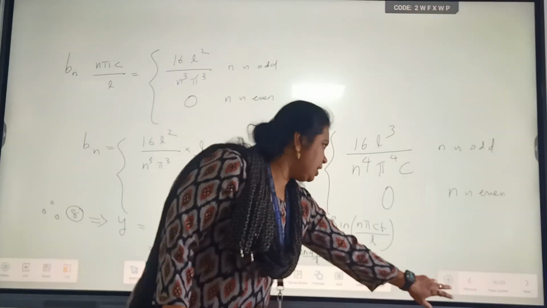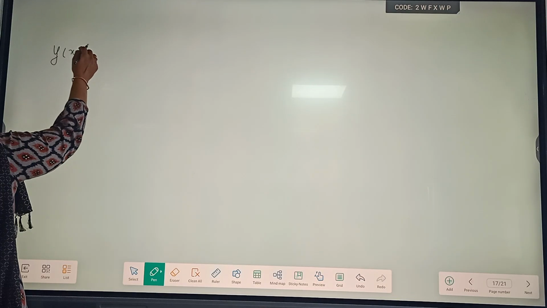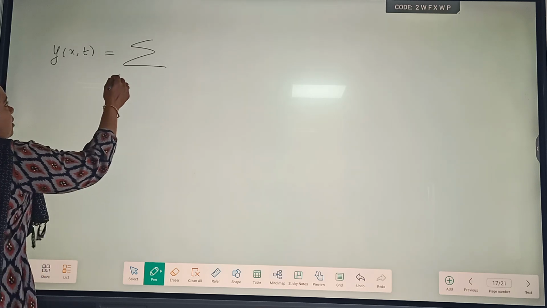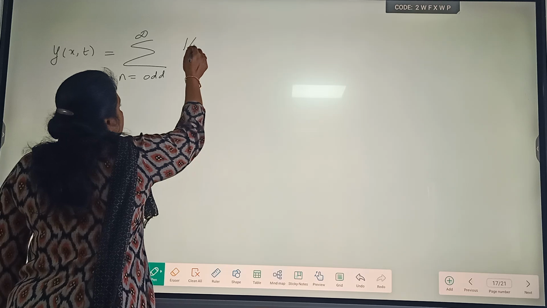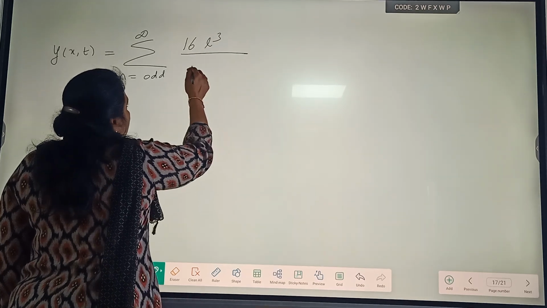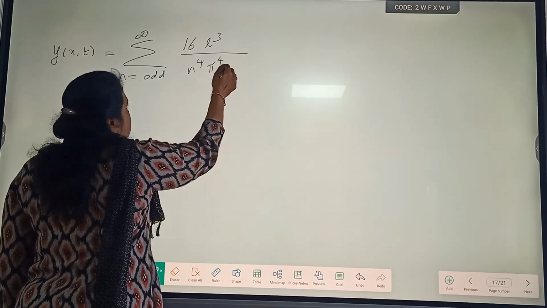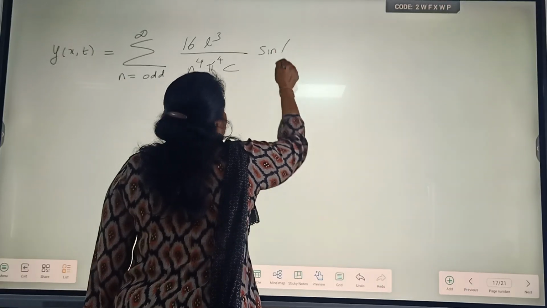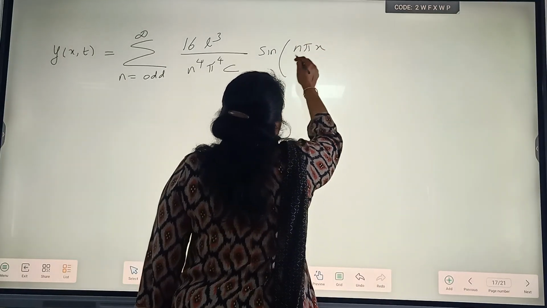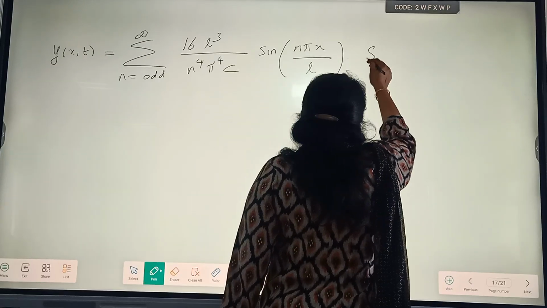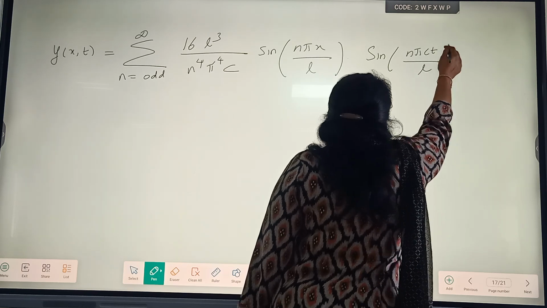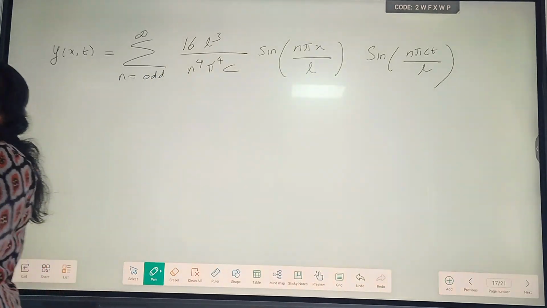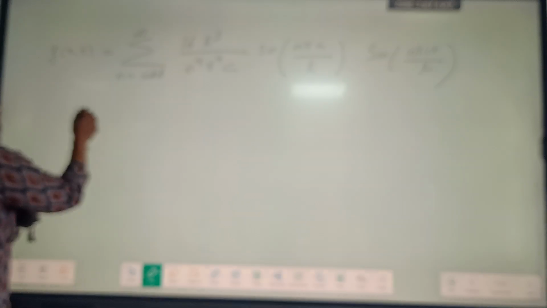So I will write down once again the solution. y of x comma t is summation n is odd to infinity, 16 L cube by n power 4 pi power 4 c, sine n pi x by L, sine n pi ct by L. But always our possible solution is from 1 to infinity.